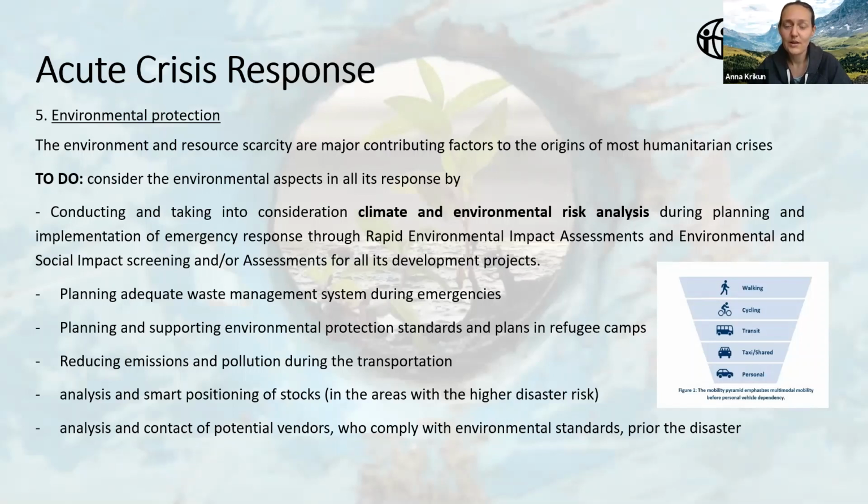So first of all, as Marcel said in the beginning, in the pathway models, we need to know the risks and address them, and when the residual risk materializes, we will address it in emergency. So here we need to know what the environmental and climate change risks are before starting the response. There are different tools for this. One of them is a rapid environmental assessment, as well as some others. Maybe we can have an exchange on this later.